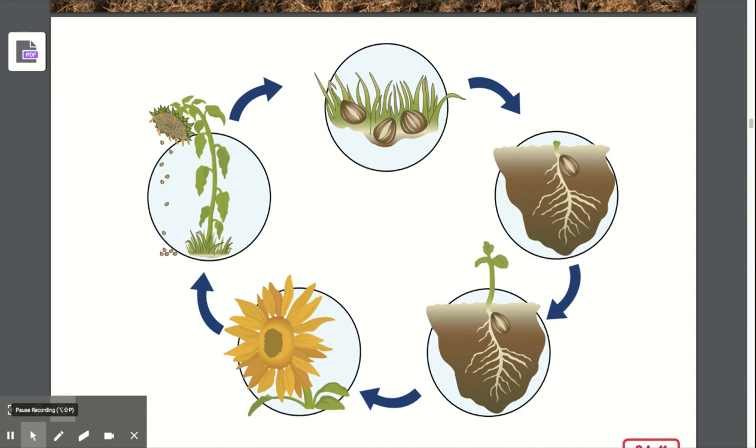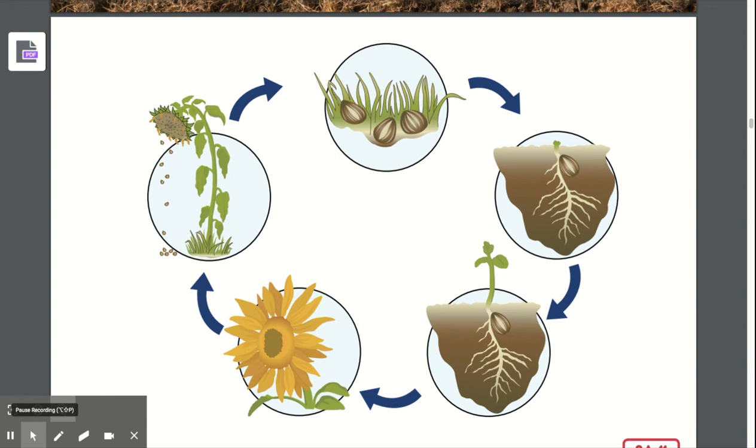If you did, you were listening for details. A plant's life cycle begins with what part of the plant? Did you say that a plant's life cycle begins with the seed?